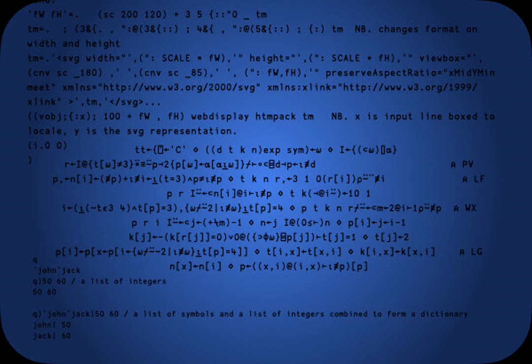We were introduced to wiring plug boards on card sorting machines. Terrific stuff. And the first language we learned was RPG. Do you remember RPG, Report Program Generator? It was designed to do, I don't want to say it was a declarative language, but you wouldn't recognize it as an algorithmic programming language.